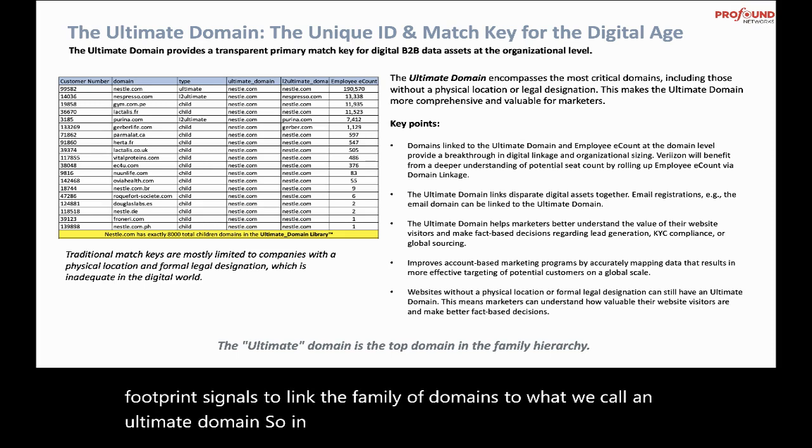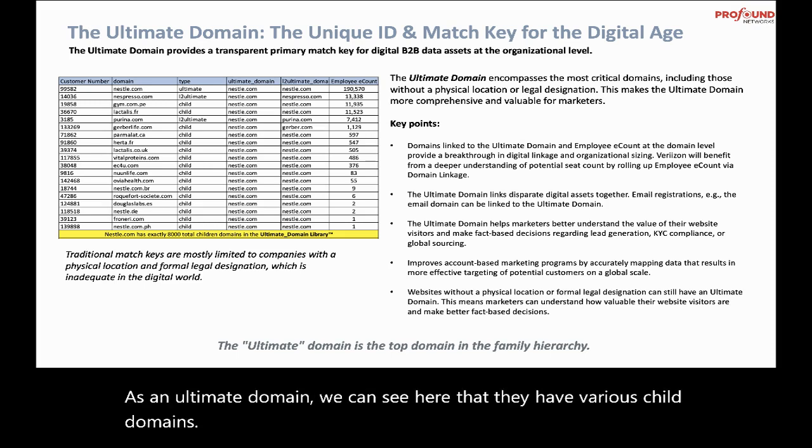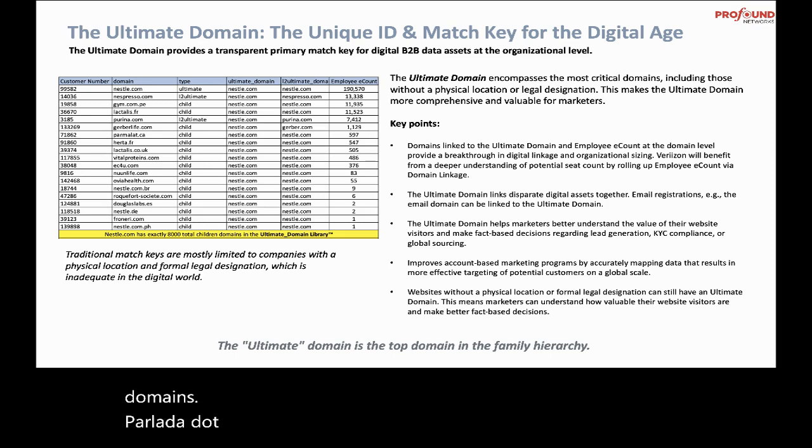So in the case here, Nestle.com is an ultimate domain. We can see here that they have various child domains like Parmalat.ca, Gerberlife.com, Nespresso.com, and many others.